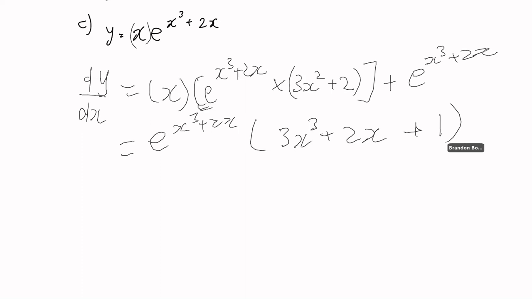Or you multiply the x into 3x squared plus 2, get 3x cubed plus 2x. Yes, good. Let me just take a screenshot. I'll send it to you and then we'll move on. You will copy it on your own.